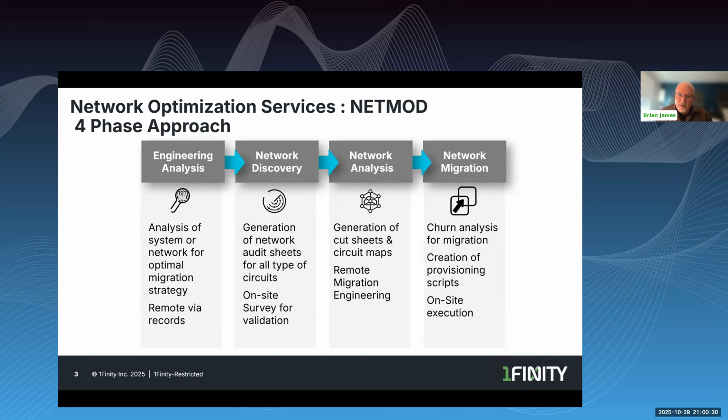We do churn analysis for the migration and come up with an idea about how that works. We create the provisioning scripts, and then on site we execute the migration plan and do the physical migration of the circuits to the new next gen platform and prep everything that is being decommissioned for removal.